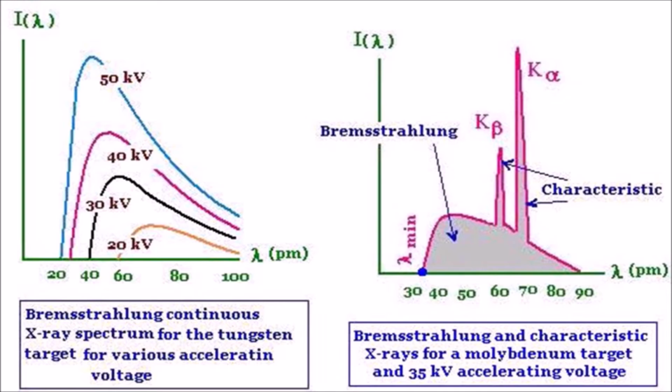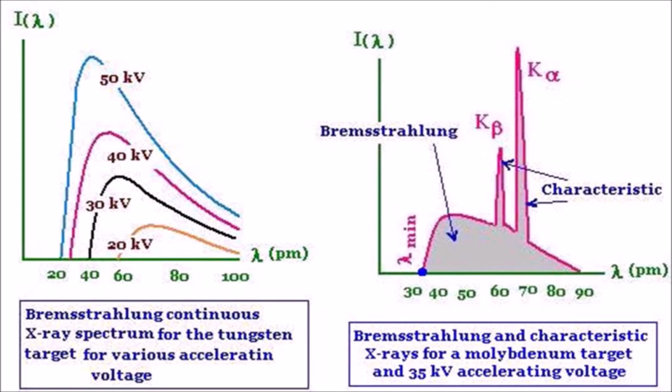In the second graph, the X-ray spectra of tungsten and molybdenum at a particular accelerating voltage, which means for a given accelerating voltage, the lower limit of the wavelength of the continuous X-ray spectra is the same for all targets. This minimum wavelength is called the cutoff wavelength.